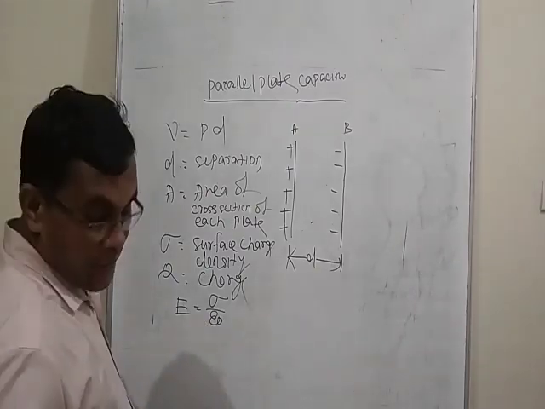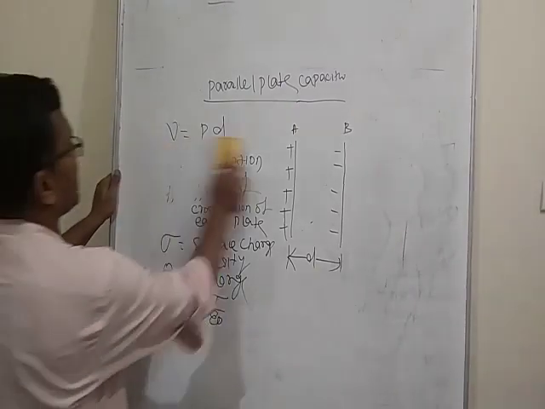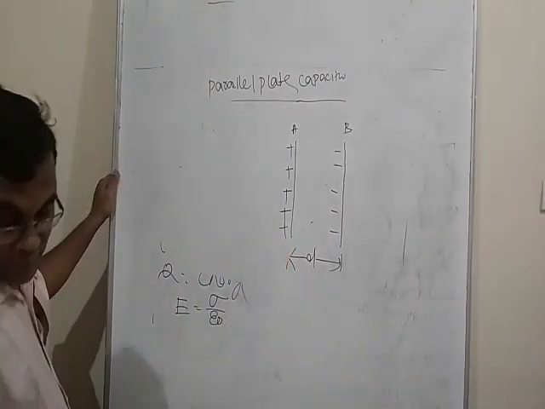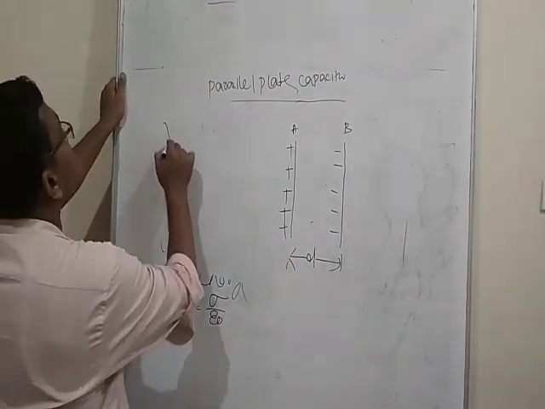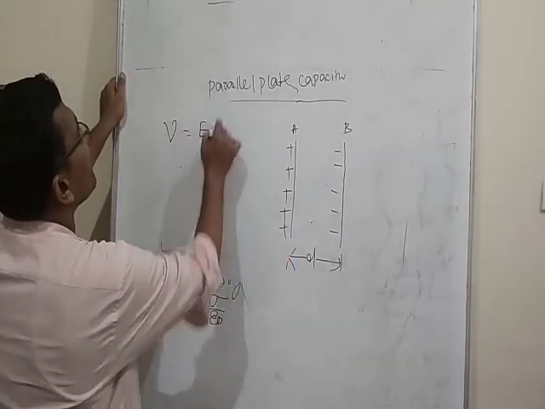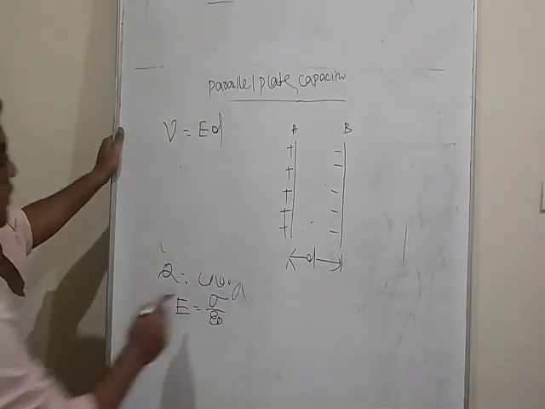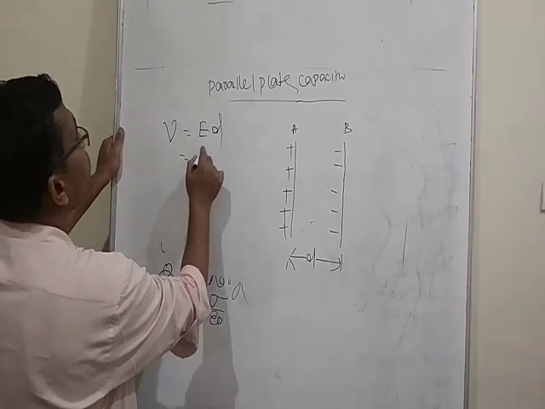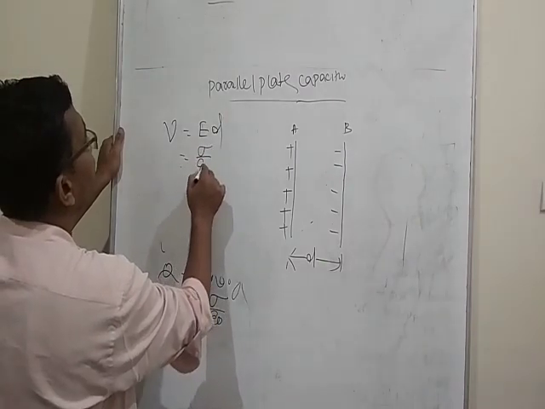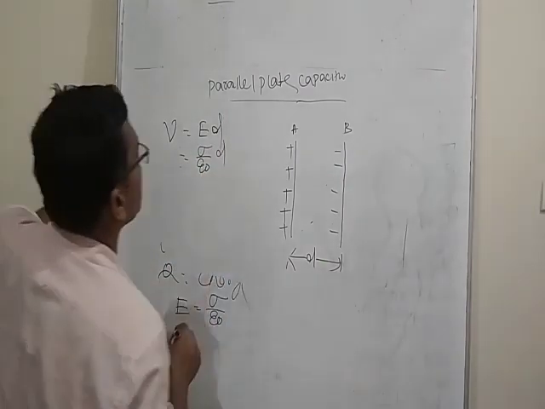And the potential difference across the two plates, V, is equal to ED. E is equal to sigma by epsilon 0, so V is equal to sigma by epsilon 0 into d.